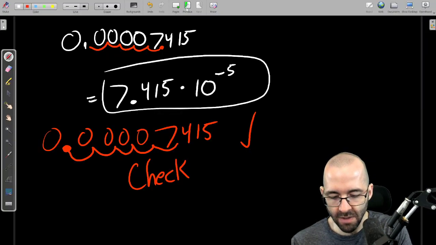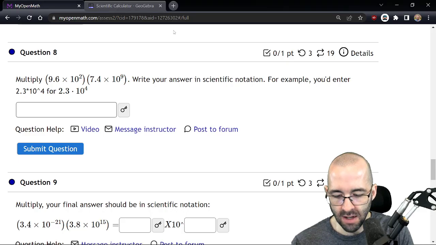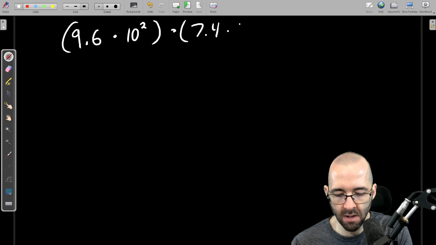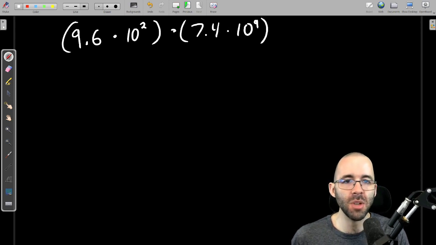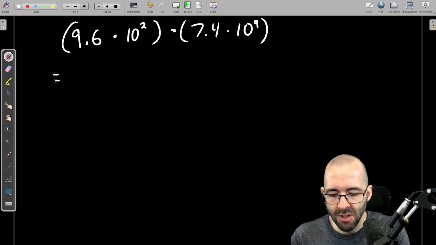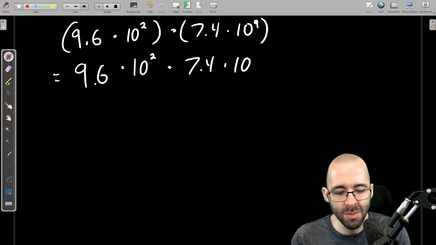So over here, when we have 9.6 times 10 to the second times 7.4 times 10 to the 9th, really, we can write this multiplication in any order because there's no addition. We don't have to worry about distributing or anything. So this is really just 9.6 times 10 squared times 7.4 times 10 to the 9th.